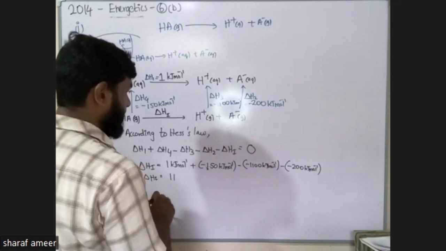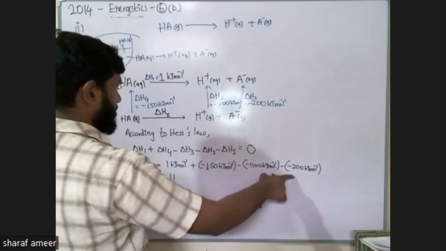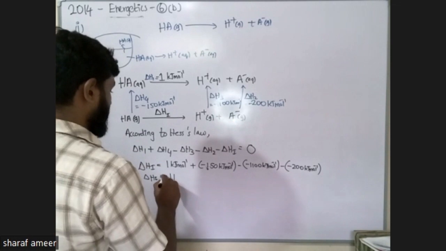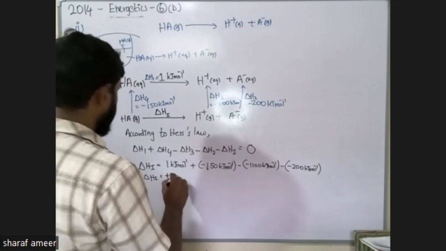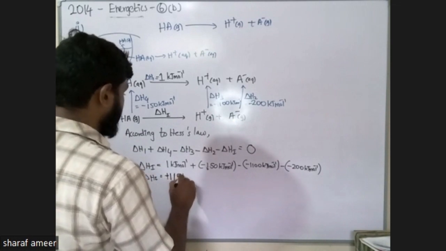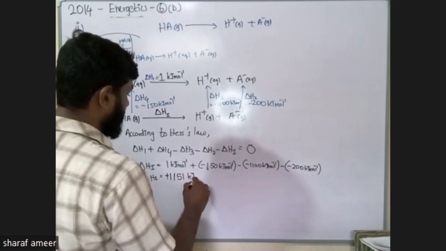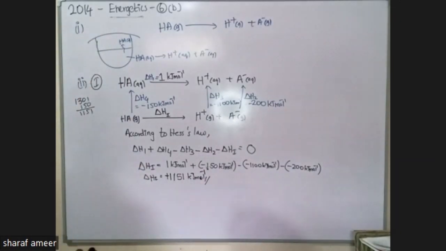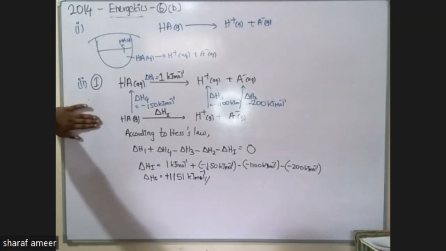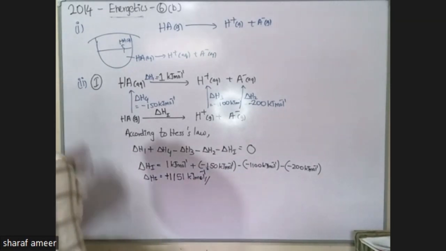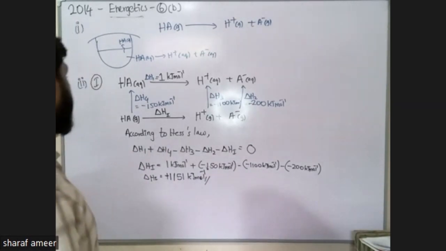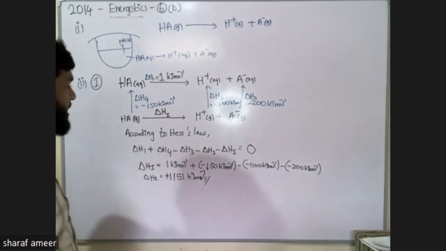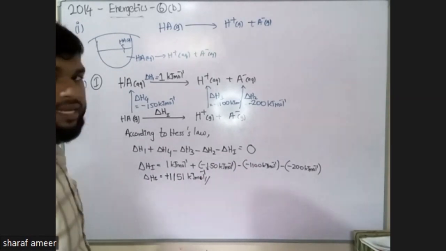So the answer is plus 1151 kilojoule mole minus 1. This is going to be your answer, right? So this question is regarding the enthalpy change of dissociation of HA gas in the gaseous phase, right?